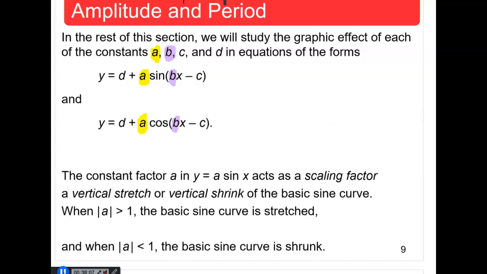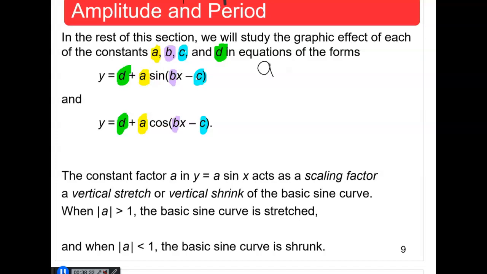Also, we will have C over here for the constant. Remember, these constants are representing real numbers. So those will be telling us the horizontal shift. I will write that down in a minute. And then finally, we will have the constant D, and that will be telling us the vertical shift. So let's just write all of them down.